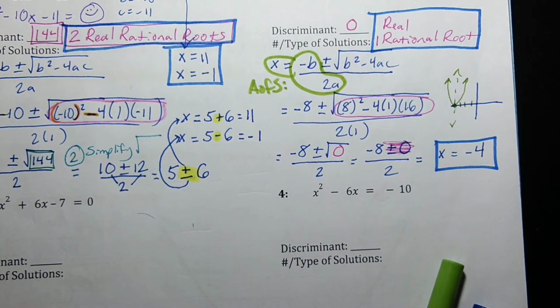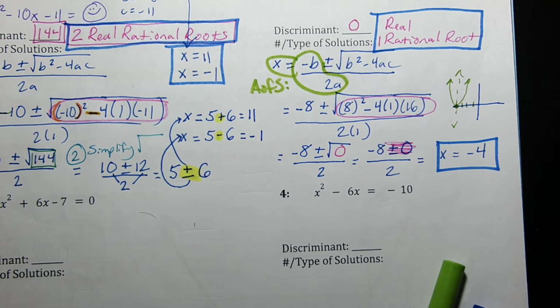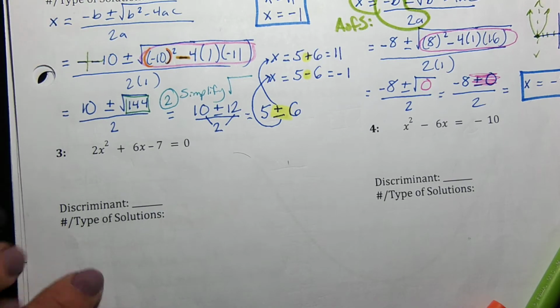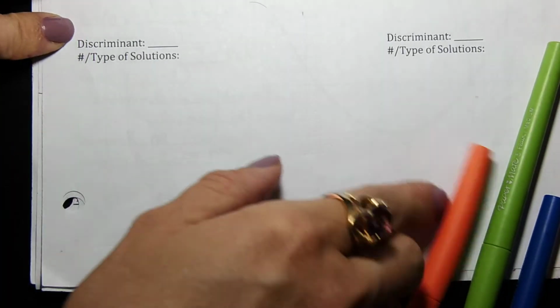Folks, we have now done 2 of these. What questions do you have so far, or what calculator questions do you have so far? On your own, see if you can write the quadratic formula itself, just with those a, b, and c values.